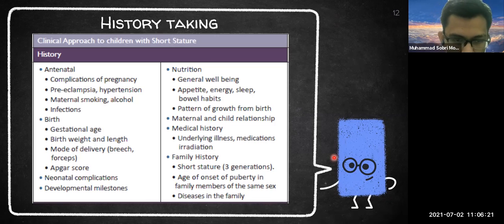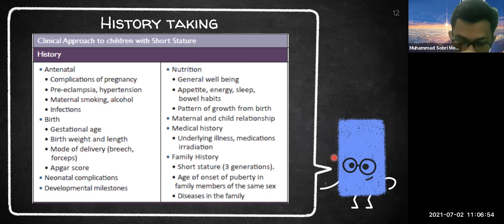Also any neonatal complication, also developmental milestones can be stunted in a child with short stature. And also we have to inquire whether the child has been getting enough nutrition by inquiring about the general well-being, appetite, and sleep, also bowel habit, and also the pattern of growth from birth, which is important to know so we can intervene early. The maternal and child relationship can also cause short stature.